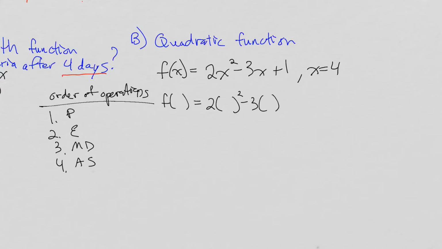So we're going to replace all the x's with 4. And again, we cannot do 2 times 4 to get 8 and then square it. We have to do order of operations, so we have to do exponents before we multiply. So 4 squared is 16.